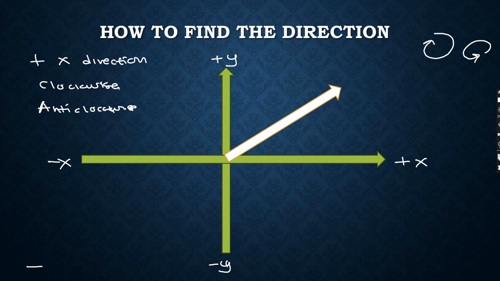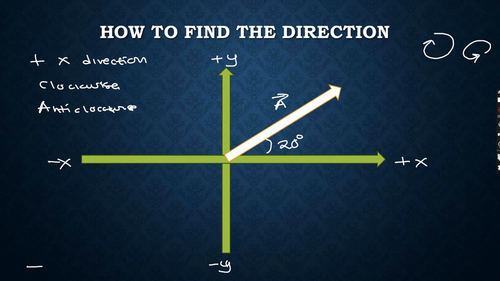Okay, so let's say for example we have been given vector A. I'll be using this as vector A everywhere. And you have been given an angle here, 20 degrees. So this angle is not the direction. We are going to find the direction after we measure that angle from the positive x direction.